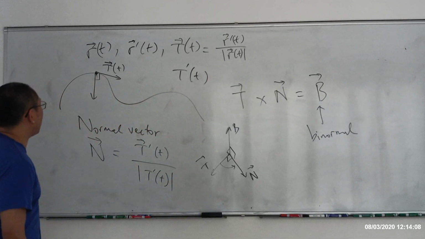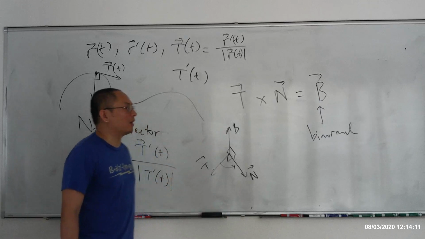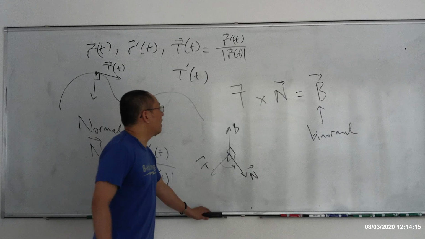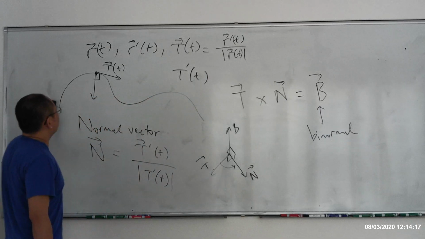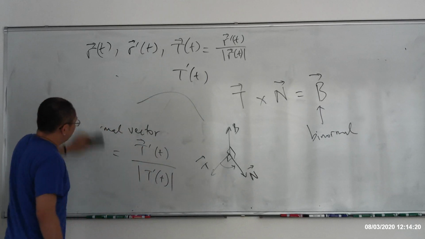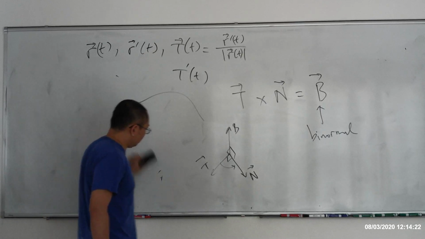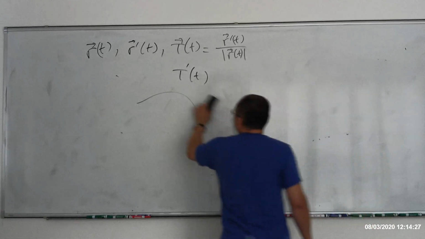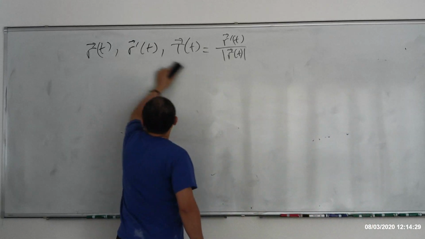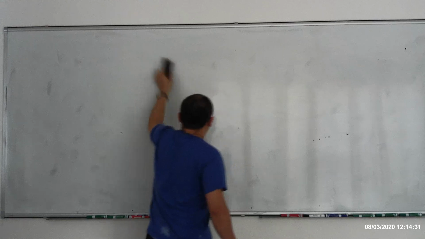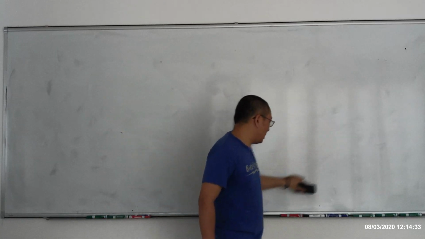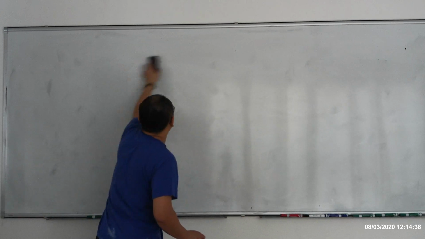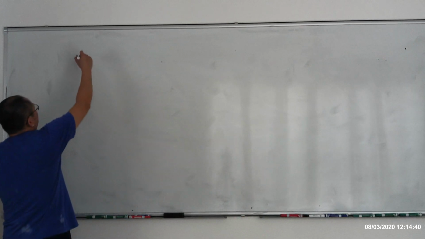Before I move on to the last section, let me give you an example to show you the calculation of what we learned up to now. I'm going to use the same old example, and it works for any kind of example. We need something easy enough so we don't have to do a lot of calculation, just to demonstrate the formula.